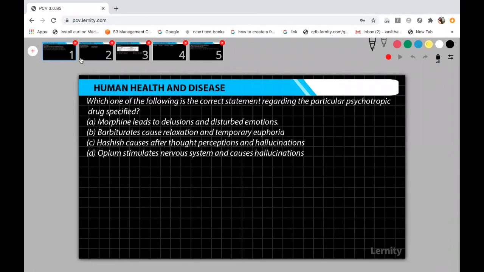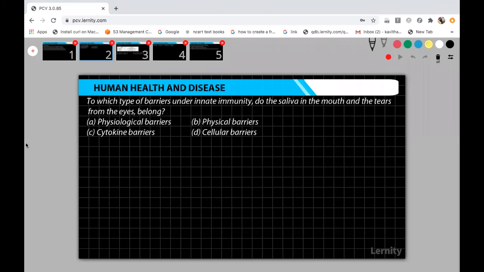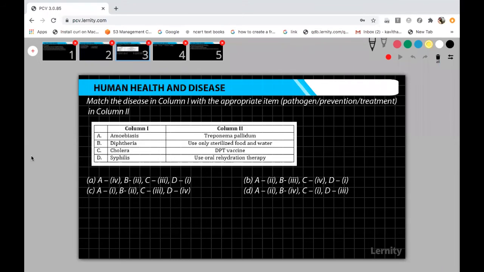Finish writing first. Second one. The second question. Third one. This is match the following.